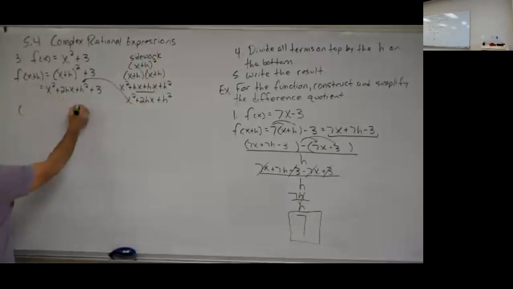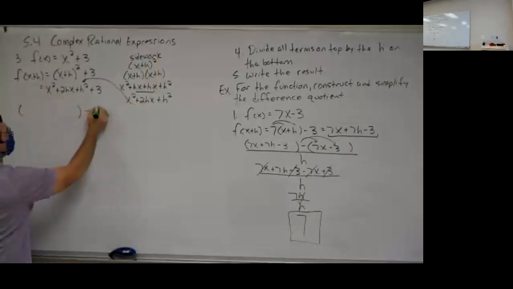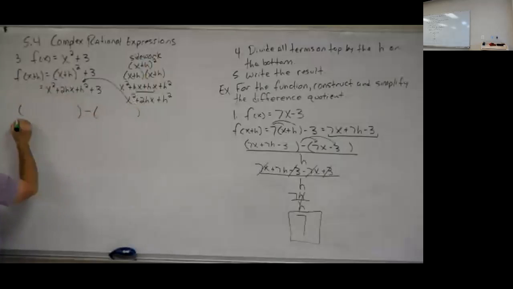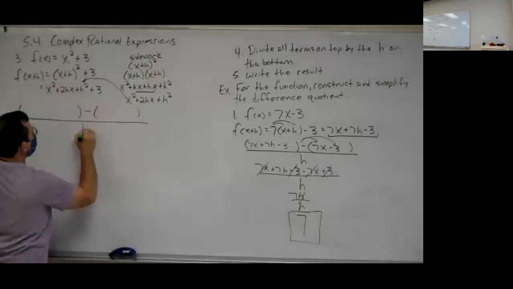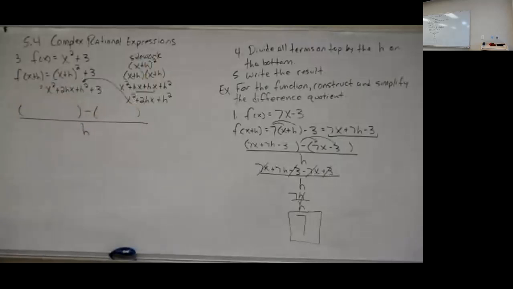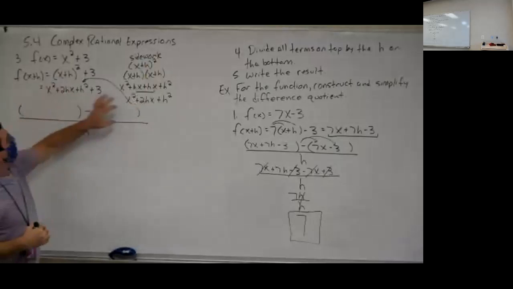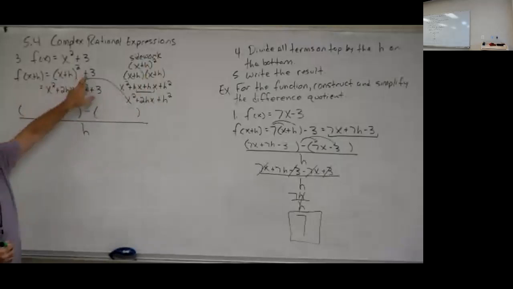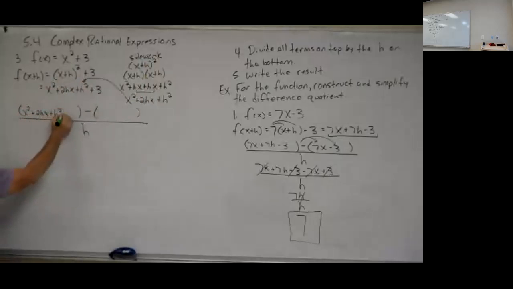So now I can go into putting it into my formula. My f of x plus h minus my f of x will be all over h. I will say the part that kills people on this the most, they FOIL this and put that here, but they forget about that plus 3 at the end. You still got to bring that with us. So this will be x squared plus 2hx plus h squared plus 3.